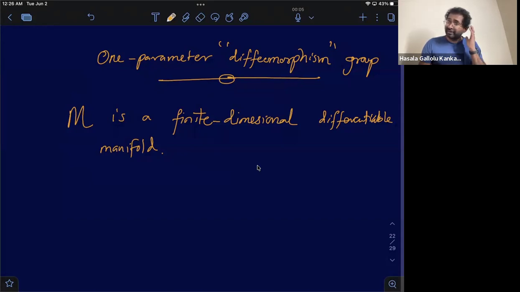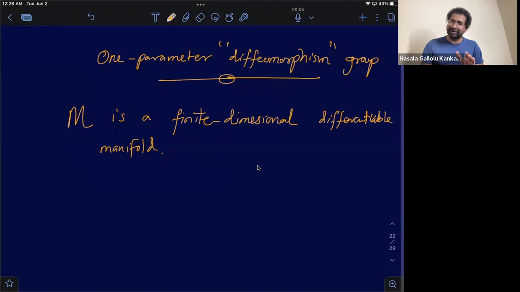Now, the first thing that we need is the proper way of defining differentiable manifolds. But we have had enough abstractions at this point, and if we try to give a proper definition of the manifold right here, it's going to be too much for now. We will do that later.